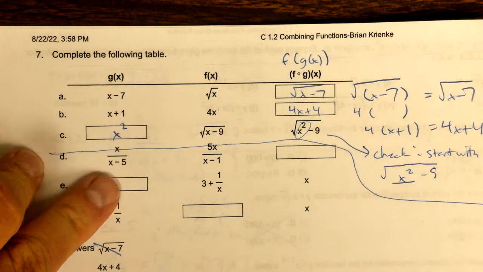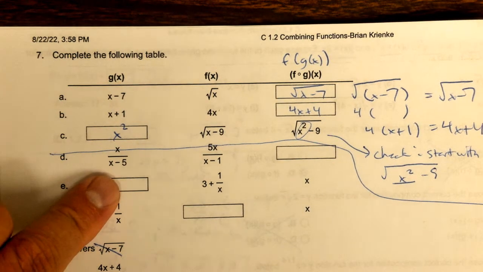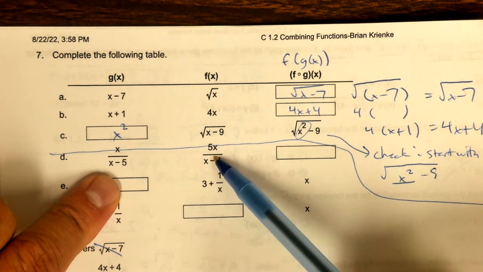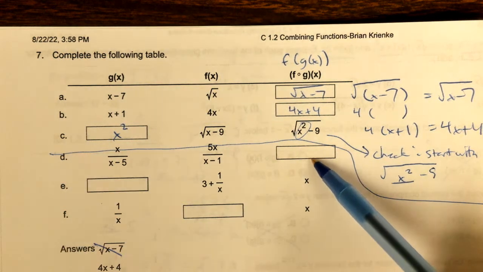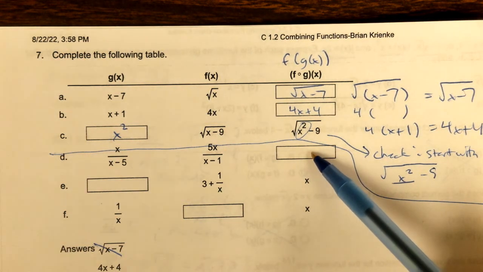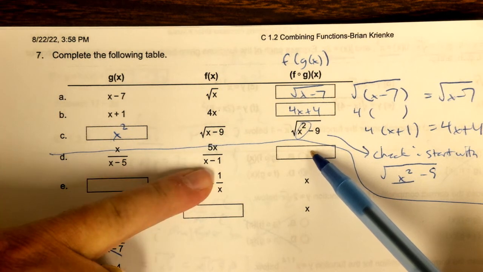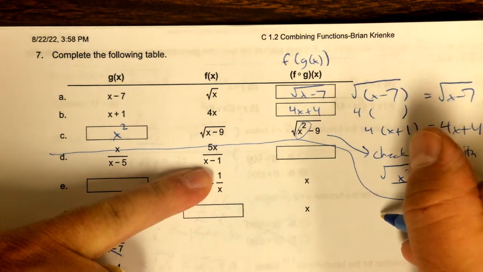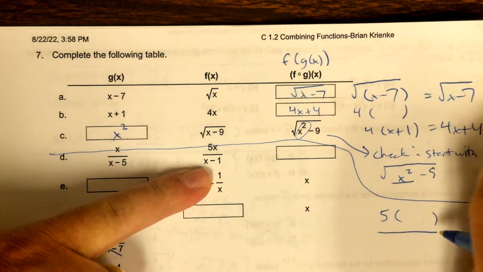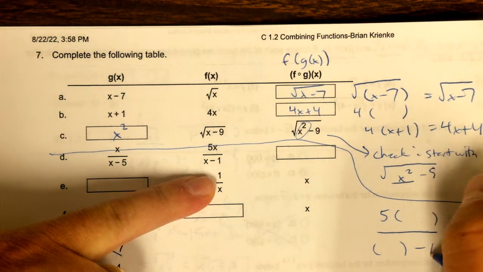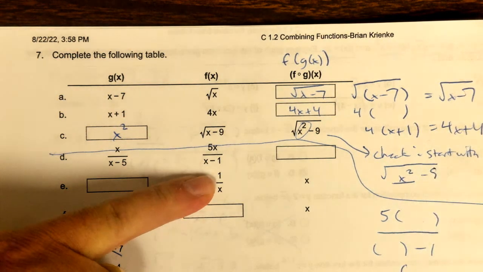Okay, now this one's a little more complicated because you have 2 sets of fractions, and then you have a blank. So what we do is start writing your f function, which is 5 times something over something minus 1. That's the f function.